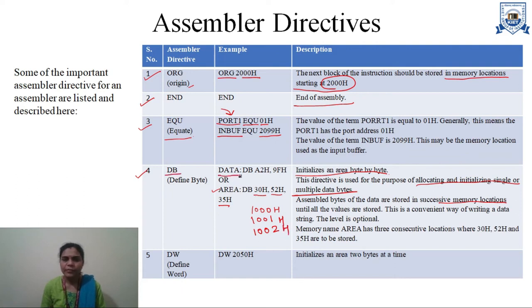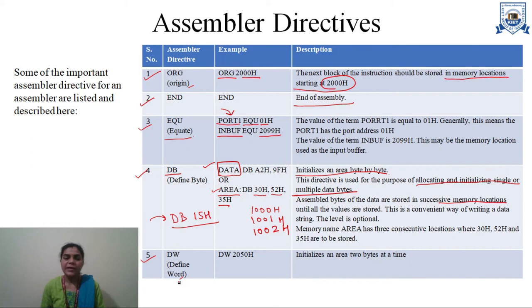And here we have used two labels, one is DATA and the second is AREA. These labels are optional. We can directly assign any byte. So we can use DB, suppose 15H. Here we are assigning a byte with value 15H without a label. Next is define word.